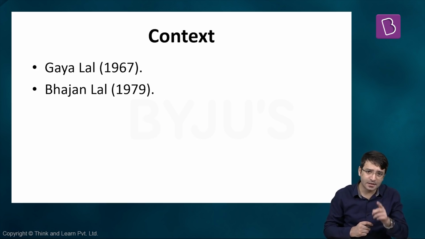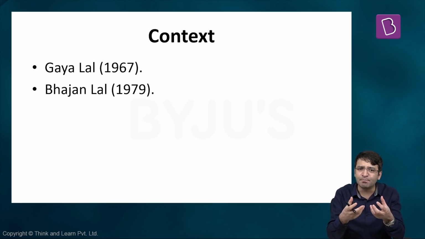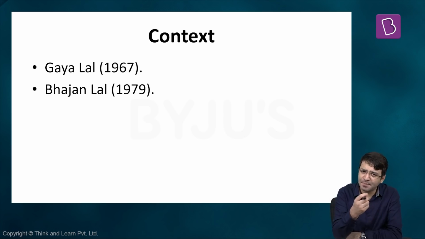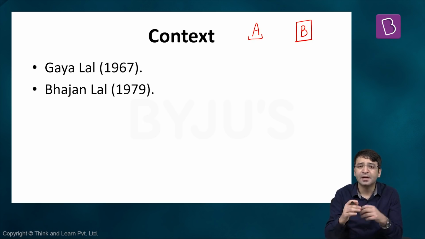So let's get started. But first up, what do we mean by defection? Let me give you an example. Let's say, for example, I was given a ticket by a party A and I won the election. But once the results were declared, party B emerged as the single largest party. That means in these elections, no political party was in a position to form the government on its own.